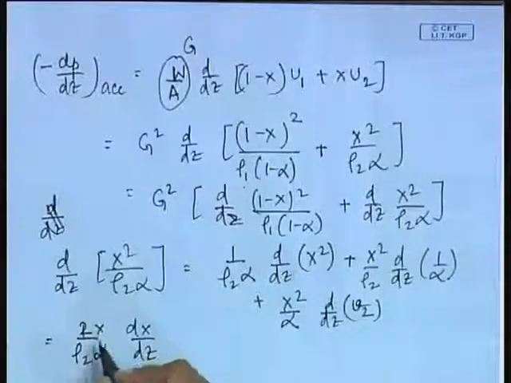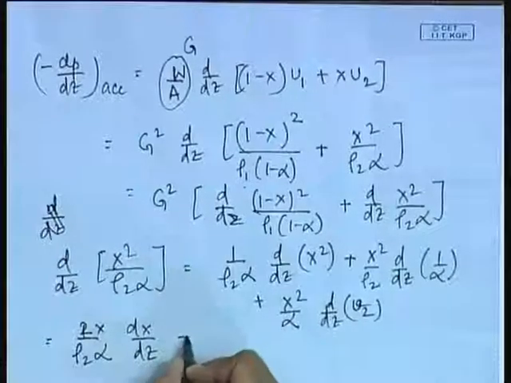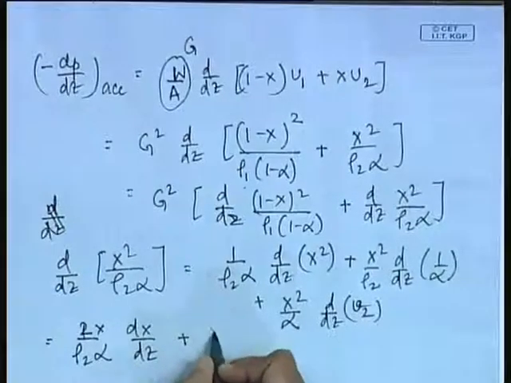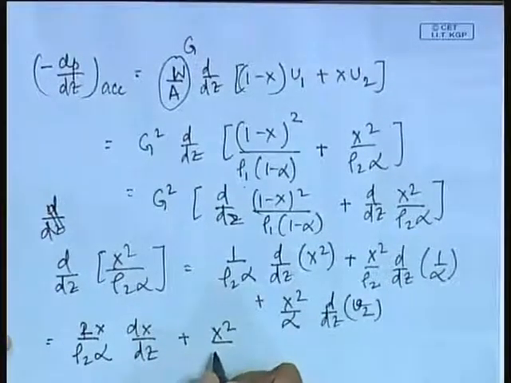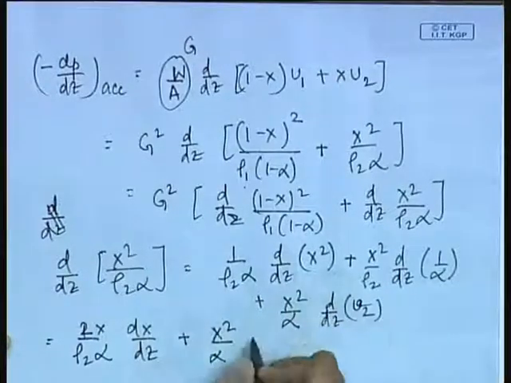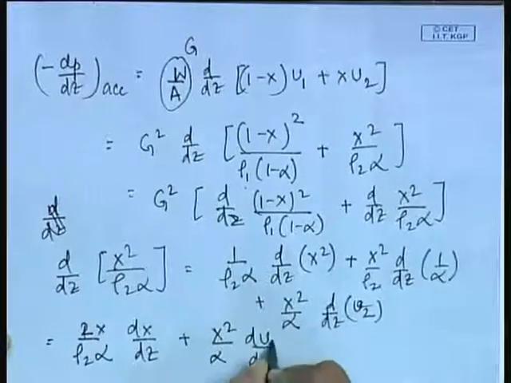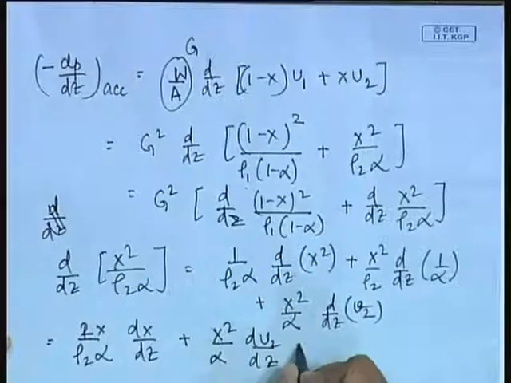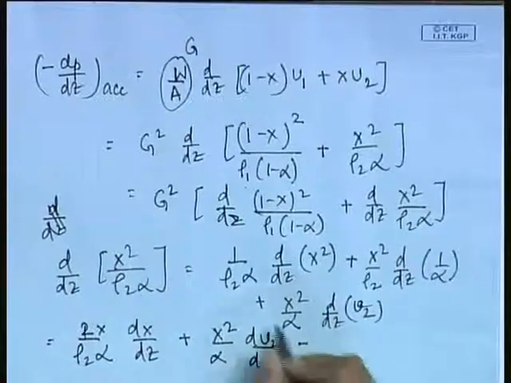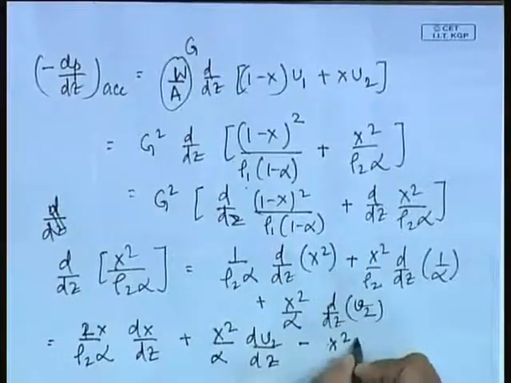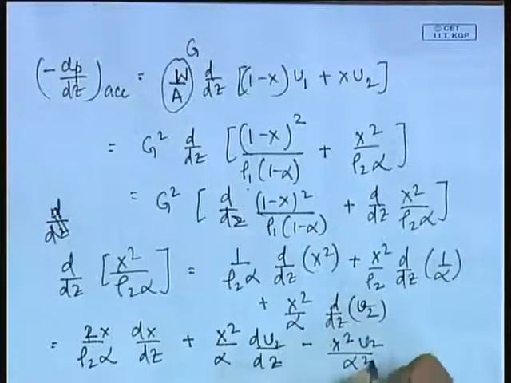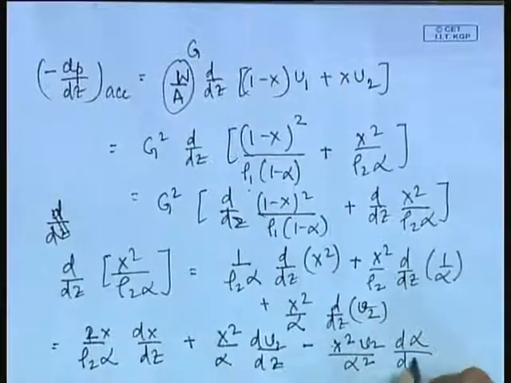Okay. So, therefore, this becomes 2x this plus it becomes x square by alpha, if I do this part first, dv2 dz, and please look out whether I am making any mistakes or not, that can also happen, minus for this term if you do, it is going to be minus x square v2 by alpha square d alpha dz.